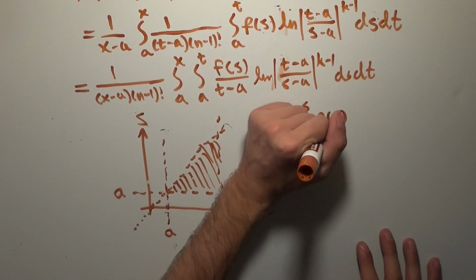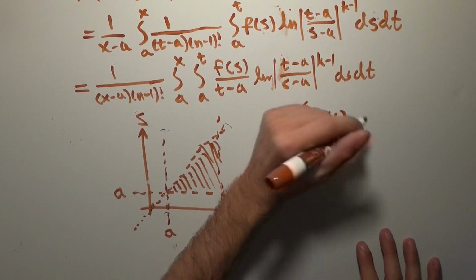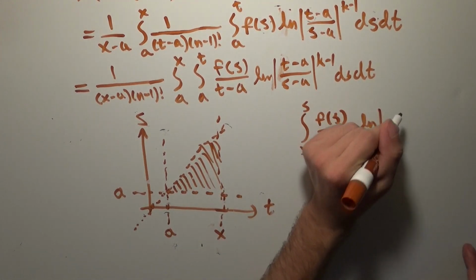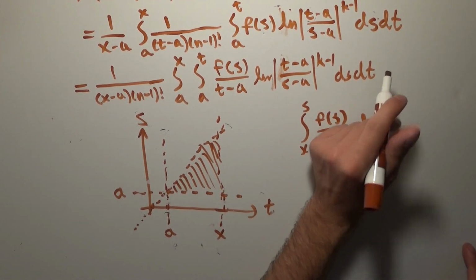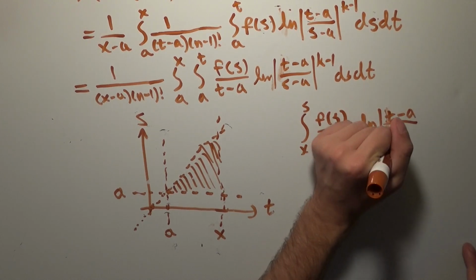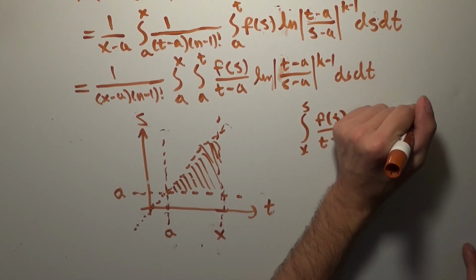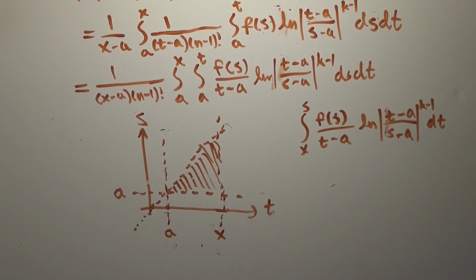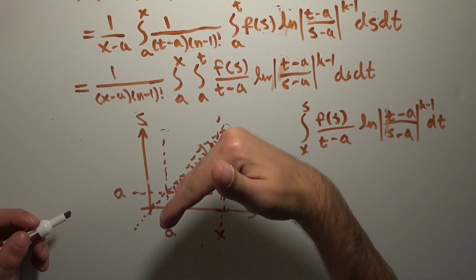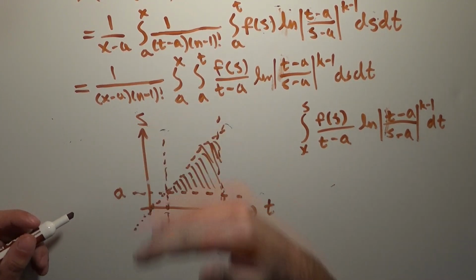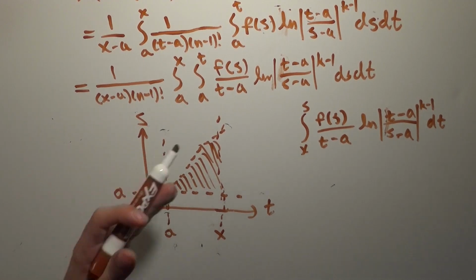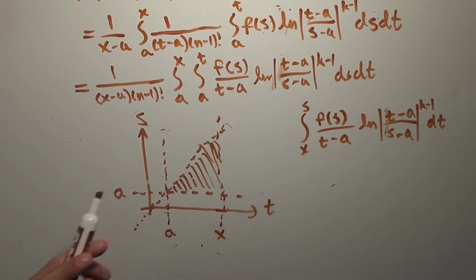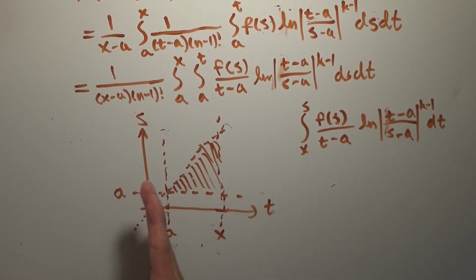So our first integral will be from x to s of all the same stuff on the inside. So f of s over t minus a times the natural logarithm of the absolute value of t minus a over s minus a to the power of k minus 1 dt. All right? And now we're going to integrate over s on the outside of that, and we're going from a to x, right? Because we've already set up this slanted bound by integrating over t.